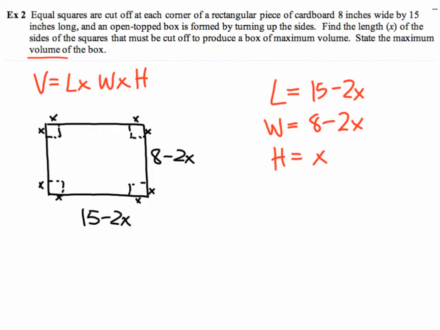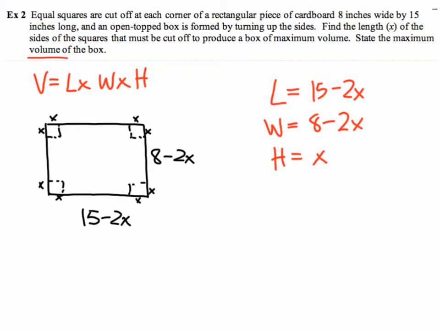In example 2, I have equal squares are cut off at each corner of a rectangular piece of cardboard 8 inches wide by 15 inches long, and an open top box is formed by turning up the sides. Find the length x of the sides of the square that must be cut off to produce a box of maximum volume.